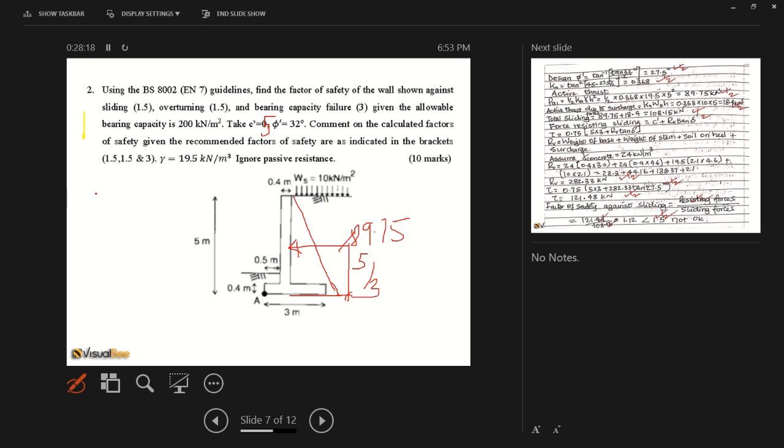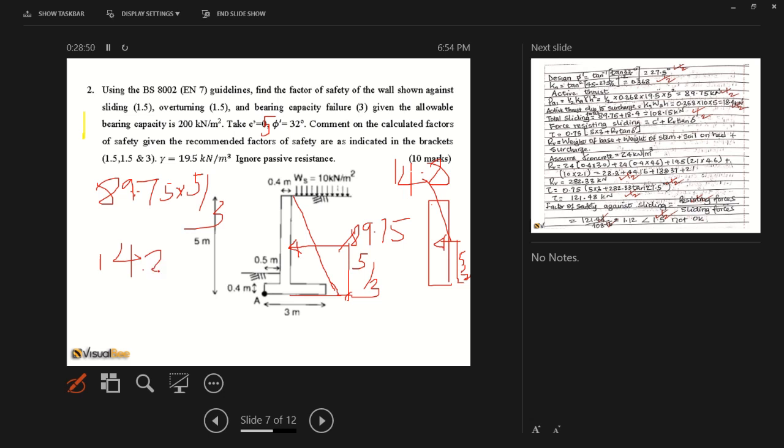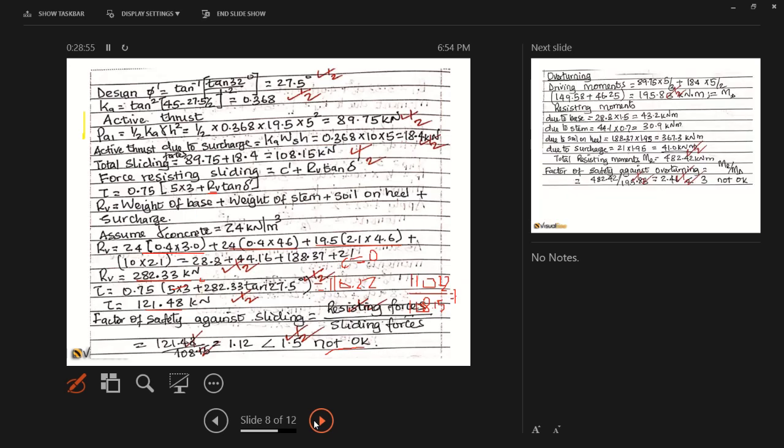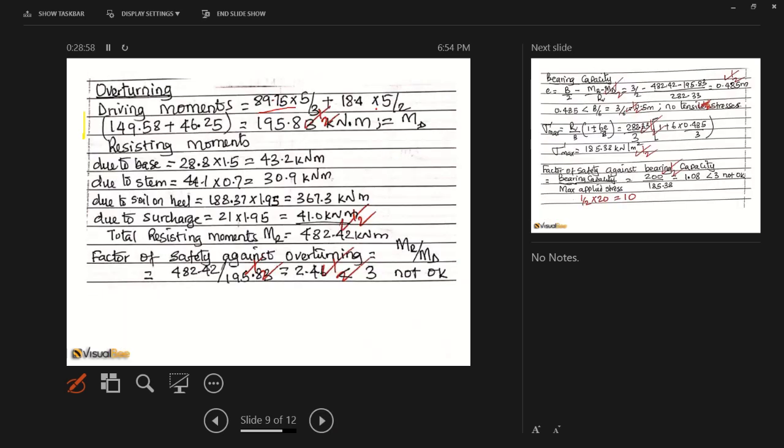So 89.75 times 5/3. And for this one, the value here was about 1415, and then the distance here is 5/2, and this was 14.8, if I'm not wrong. So this would be 14.8 times 5/2, and then you add the two. So those are the driving moments. This is what we have done here, that plus that.